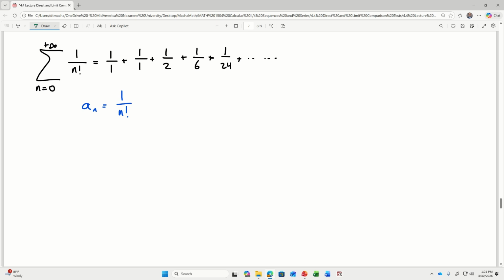I've got an idea. What if we compare it against 1 over n squared? So here's what I'm thinking.